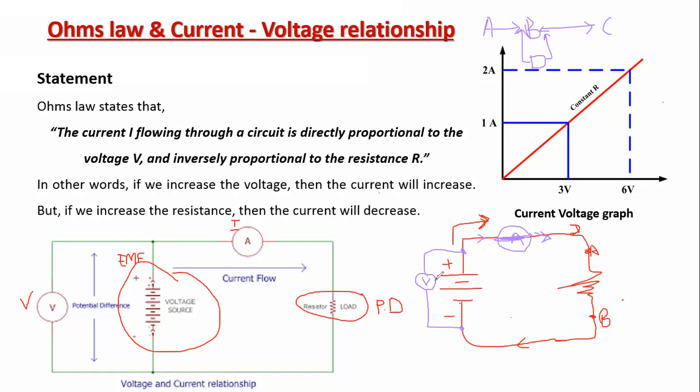The EMF will be given through a voltmeter in parallel, whereas the current of the whole circuit will be calculated using an ammeter in series with the circuit. So keep in mind that the ammeter will always be attached in series with the circuit, and the voltage drop, the potential difference, will always be measured when you attach it in parallel. So this will give you the voltage and current of the whole circuit.